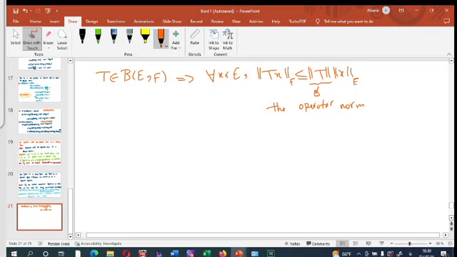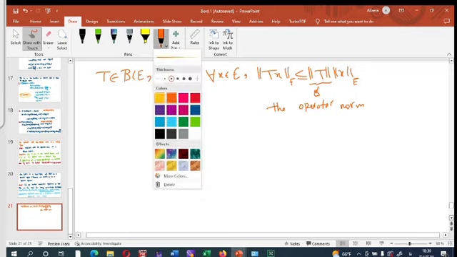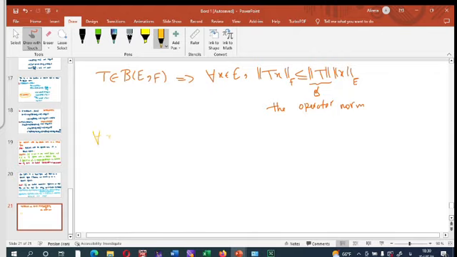Because we know that for any non-zero x, this is less than or equal to the operator norm, because the operator norm is the supremum of these real numbers.